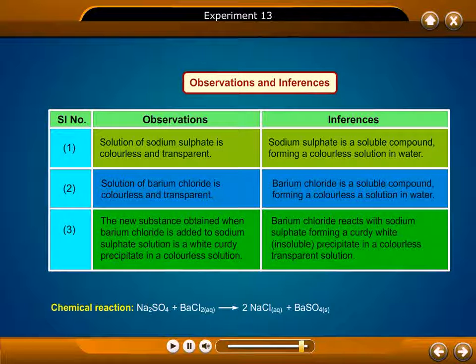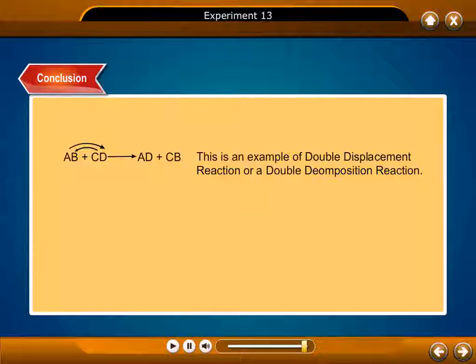Observation: the new substance obtained when barium chloride is added to sodium sulfate solution is a white, curdy precipitate in a colorless solution. Inferences: barium chloride reacts with sodium sulfate, forming a curdy white, insoluble precipitate in a colorless, transparent solution. Conclusion: AB plus CD gives AD plus CB. This is an example of a double displacement reaction or a double decomposition reaction.